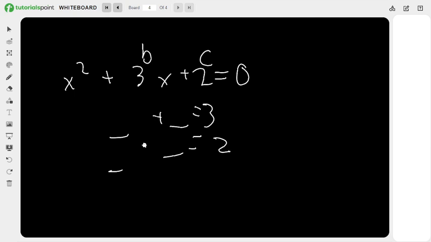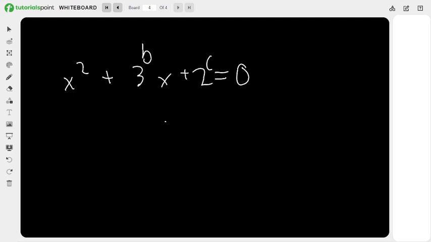Well, there's really only one way, 1 times 2, through integers, through whole numbers. So since that's really our only way, what's 2 plus 1? It's 3. So our two numbers are going to be 2 and 1. 2 plus 1 is 3. 2 times 1 is 2. So that's pretty simple, right? Not the hardest thing in the world. It will get easier, don't worry, with more practice.